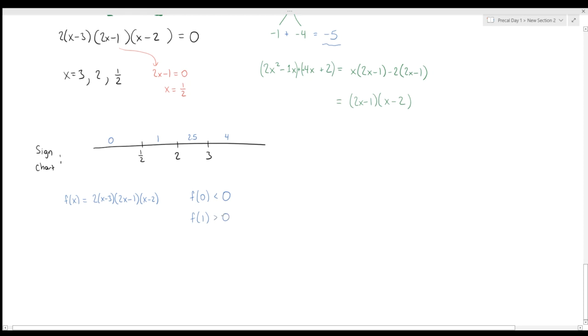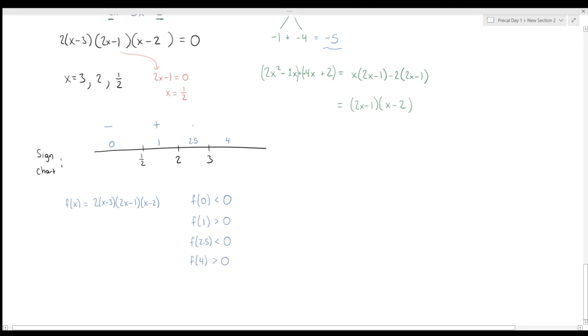So it's positive overall. Plug in 2.5, negative, positive, positive. And then plug in 4, and everything should be positive now.